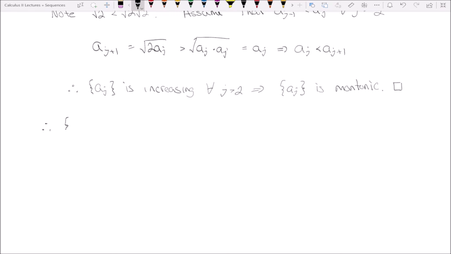Therefore, the sequence converges by the monotone convergence theorem. Of course, notice that this doesn't tell us what it converges to.